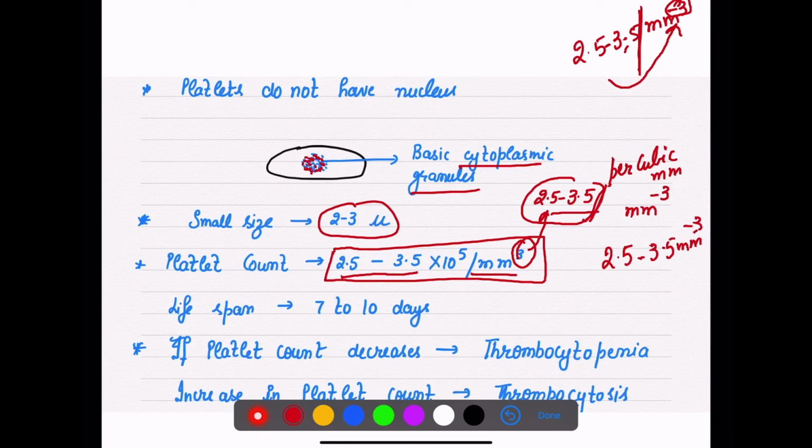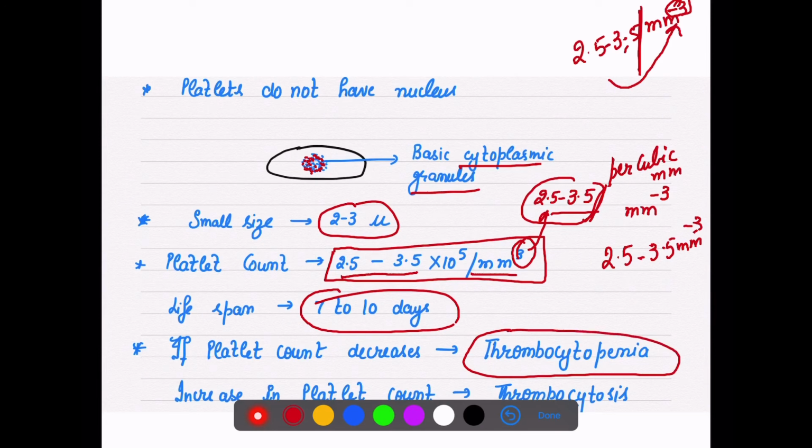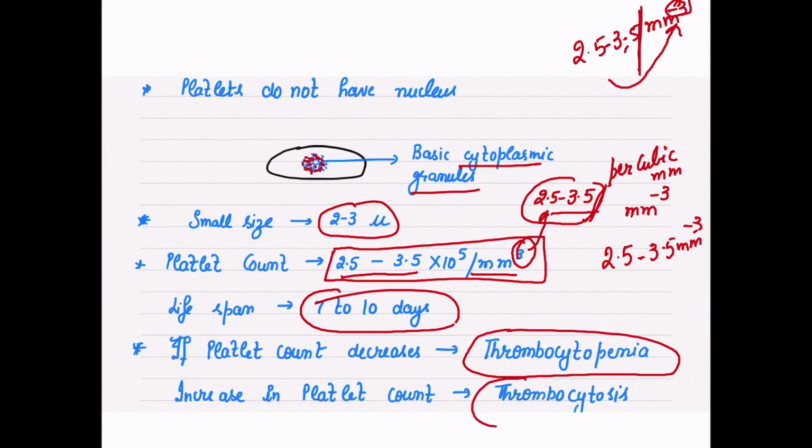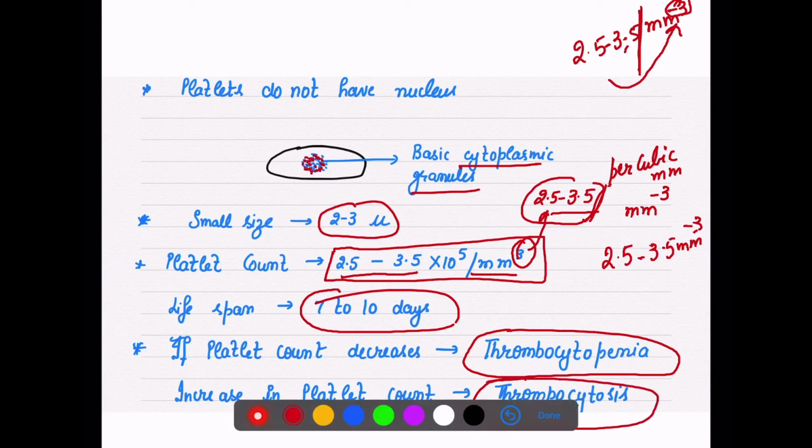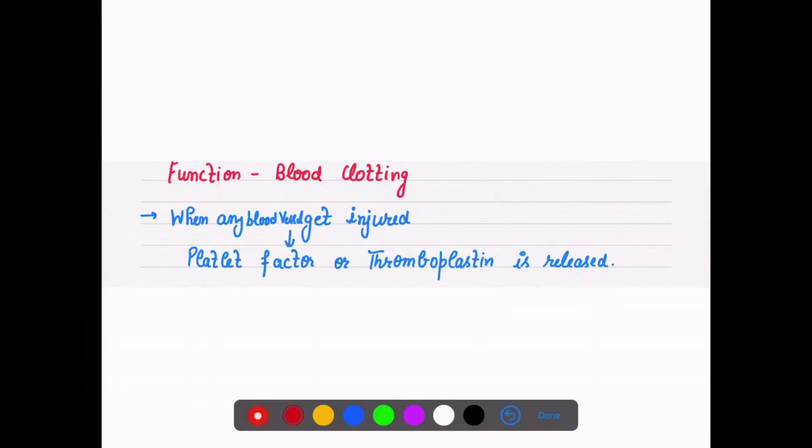The lifespan of the platelet is 7 to 10 days. Now, if platelet count decreases in our body, the condition is known as thrombocytopenia, and if platelet count increases, it is known as thrombocytosis. The main function of platelets is blood clotting.